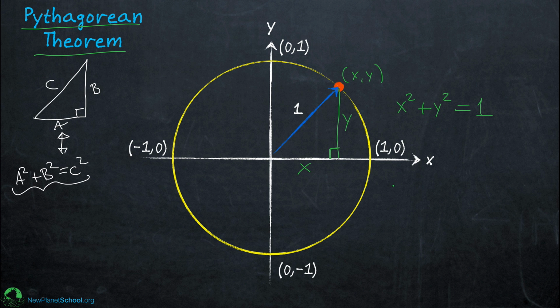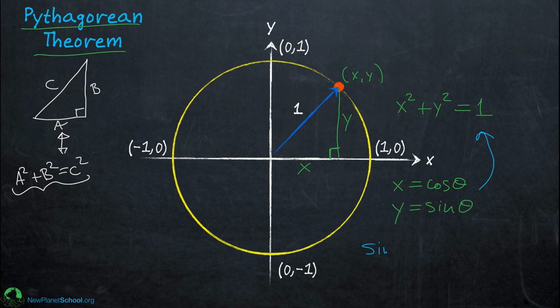But watch what we can do. Remember what we just derived? We also just derived that x equals cosine theta, just from the definition of what cosine theta is, and y equals sine theta from the definition of sine, using SOHCAHTOA or however you want to remember it. So let's put these two things together, and we find this truly amazing relationship by just sticking this in there.